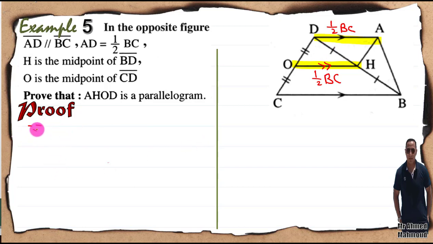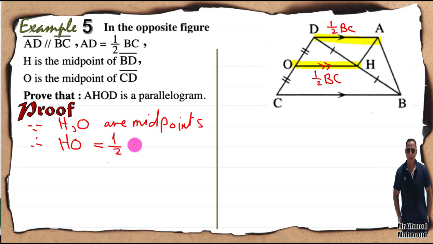So since H and O are midpoints, therefore HO equal half BC and HO parallel to BC.